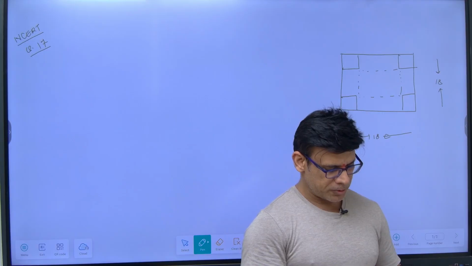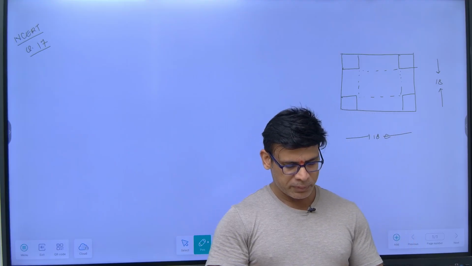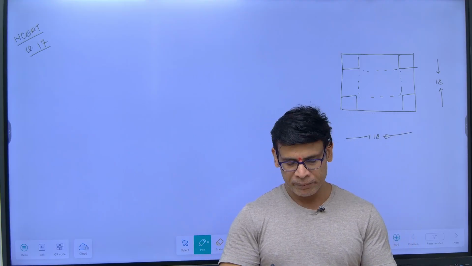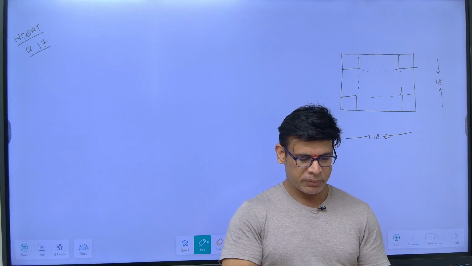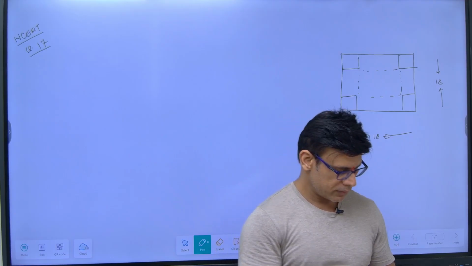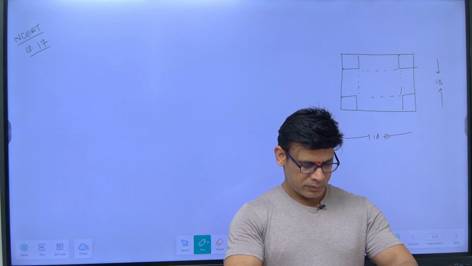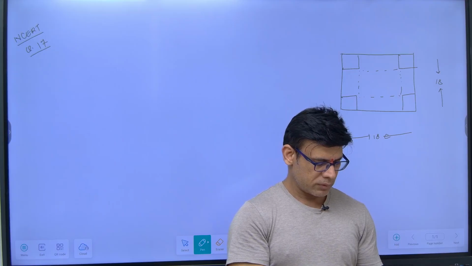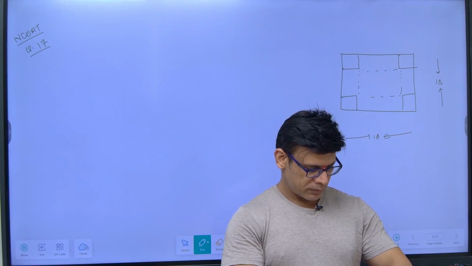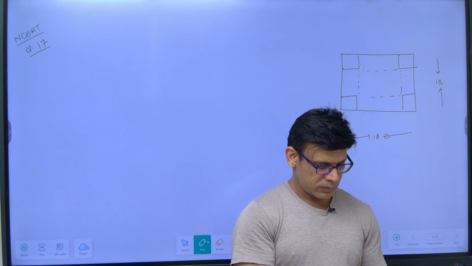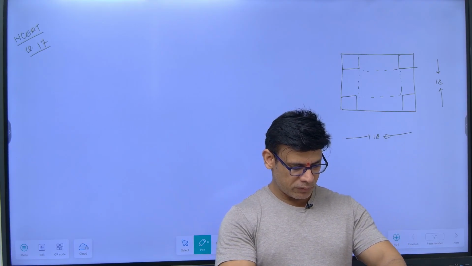Suppose this is your piece of paper, square form. Now you take out one square piece from here, then a square piece from here, of equal size, then from here, and then from here. Same square, all 4 sides you have to cut.